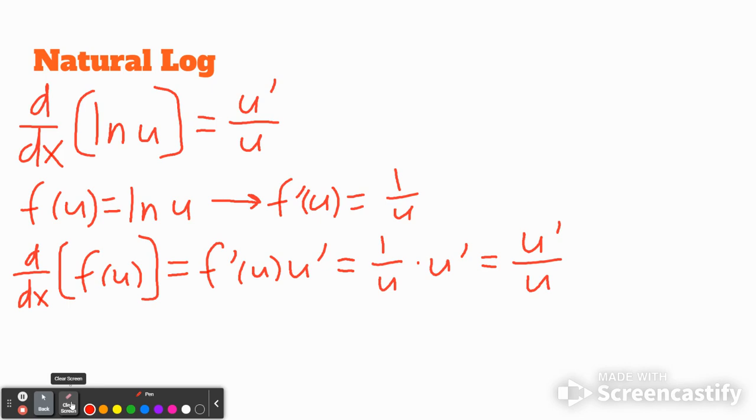So I'll give an example. Let's say we have a function f of x equal to the natural log of x cubed minus 2x.